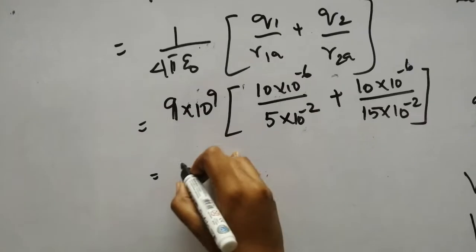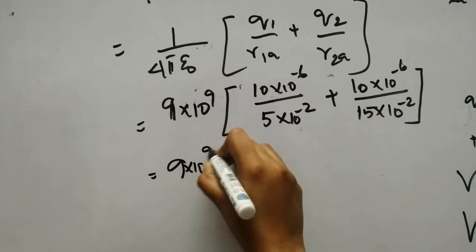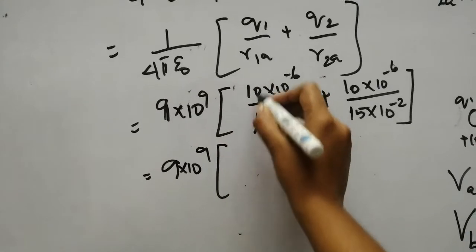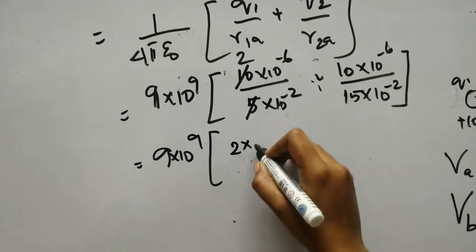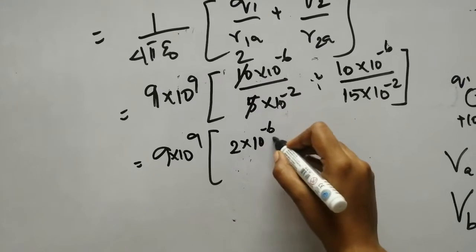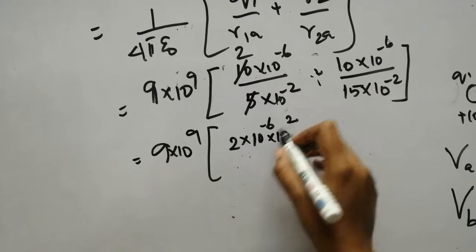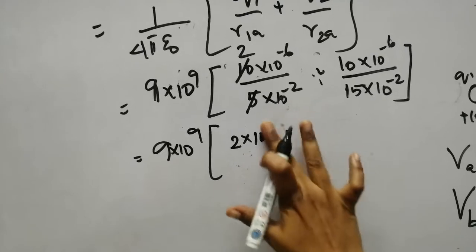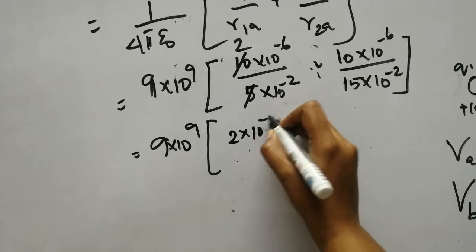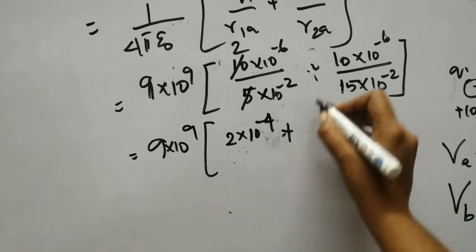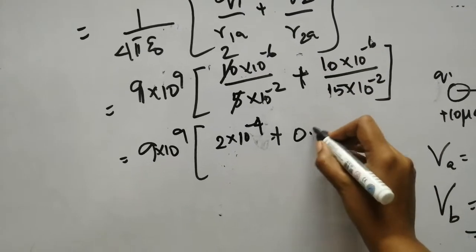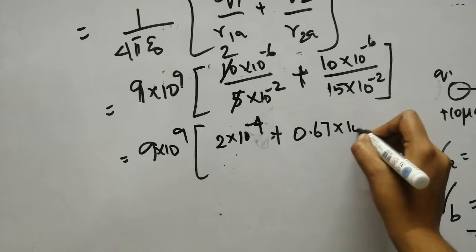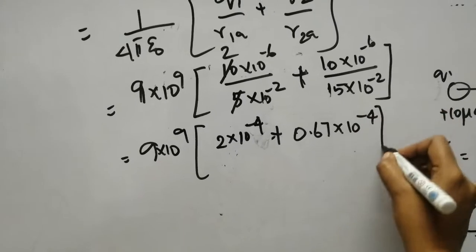When you solve this, it is 9 into 10 to the power 9 into 2 into 10 to the power minus 6 into 10 to the power plus 2. Adding up the powers, it becomes 10 to the power minus 4, plus 0.67 into 10 to the power minus 4.